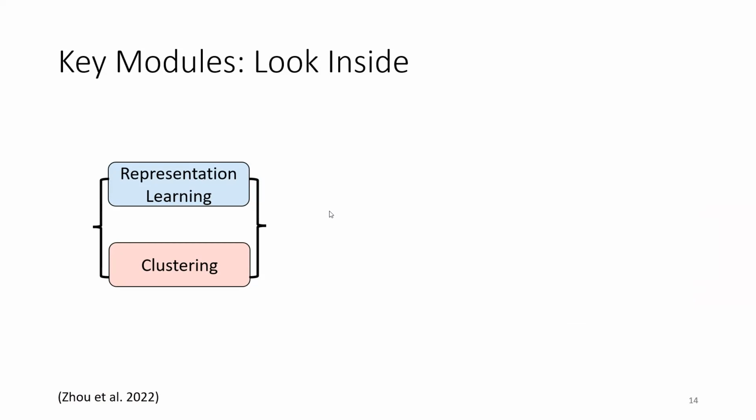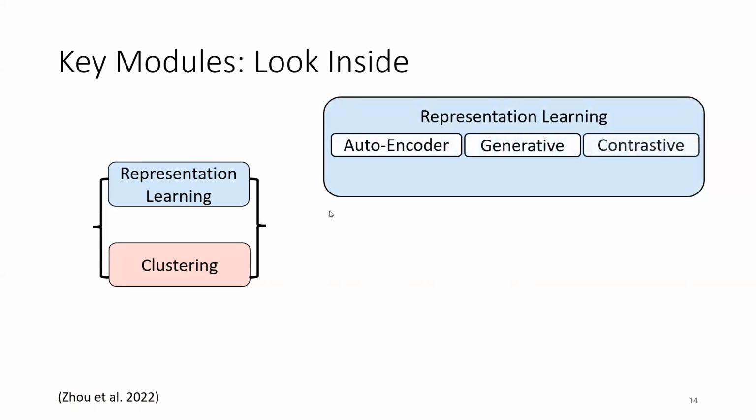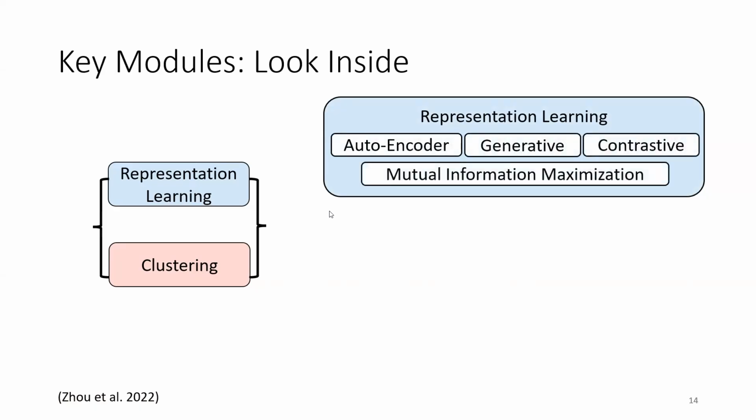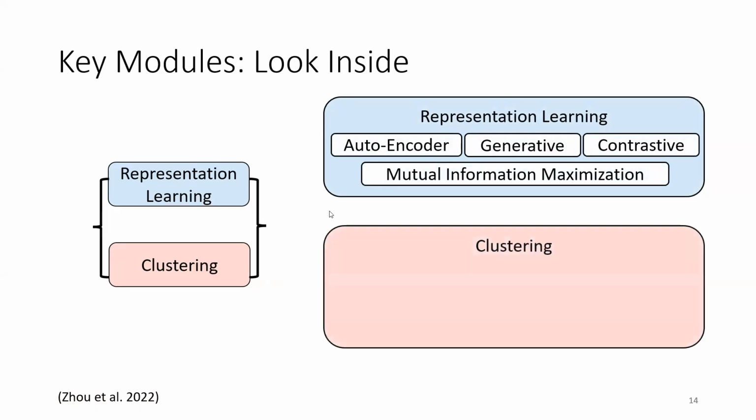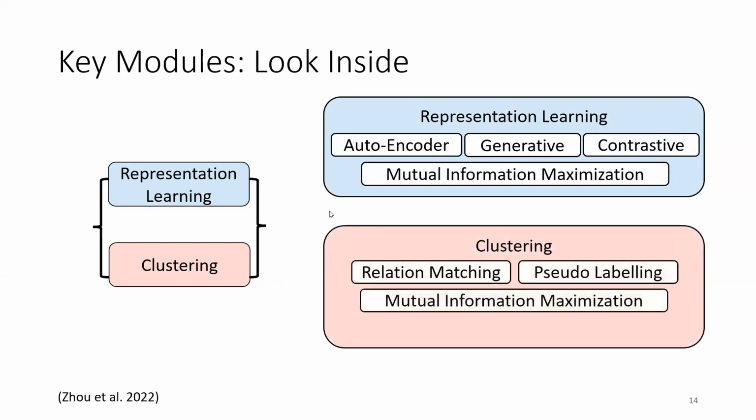Zhu et al. found several methods in the literature that are used for representation learning and clustering. In representation learning, we have autoencoder, generative, contrastive, mutual information maximization. For clustering, we have relation matching, pseudo-labeling, mutual information maximization, contrastive, self-training. Similar names in these two modules are basically a package deal.